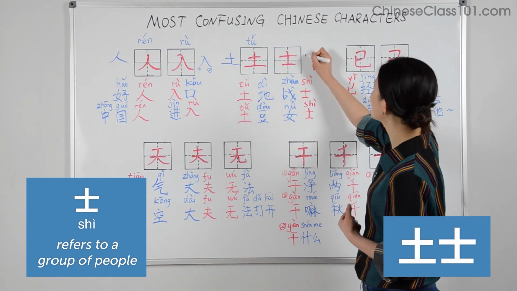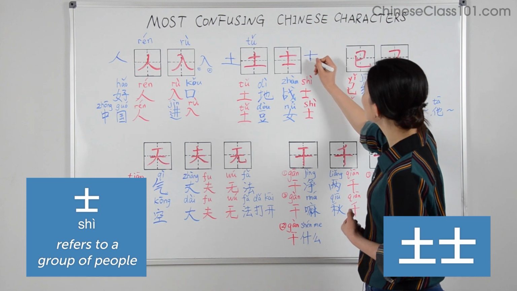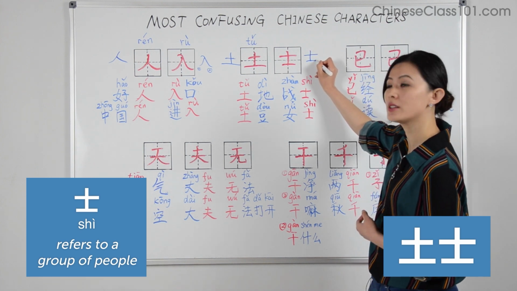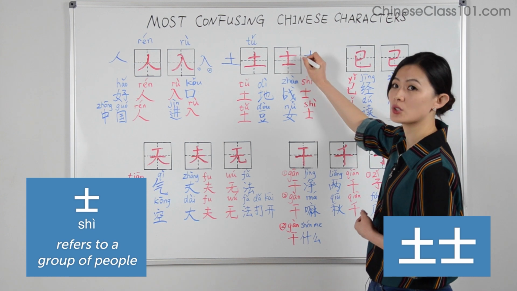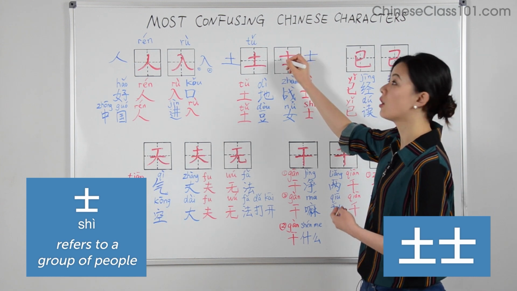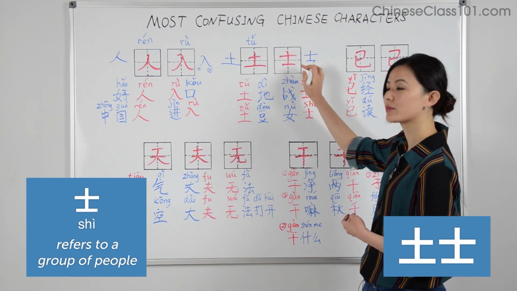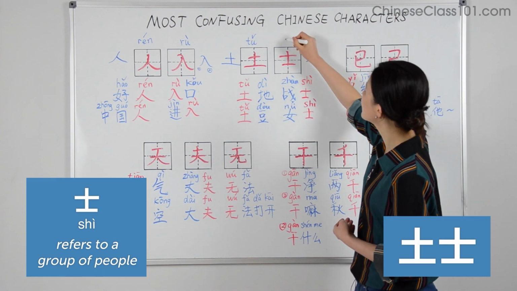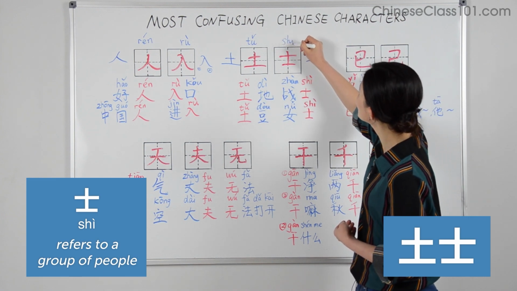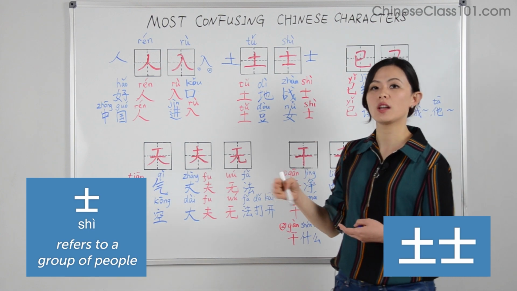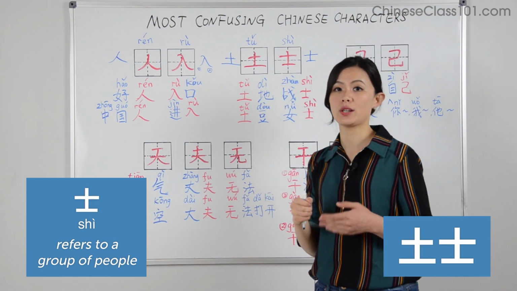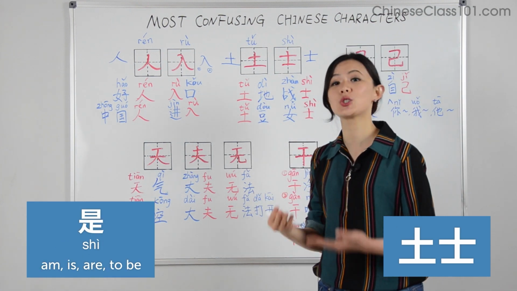Okay, let's look at this one with a shorter bottom line. So to write it, make sure the third stroke is shorter than its parallel horizontal line in the cross. And this one is pronounced as 士. 士, the same pronunciation as in the word am, is, are, to be, 是.